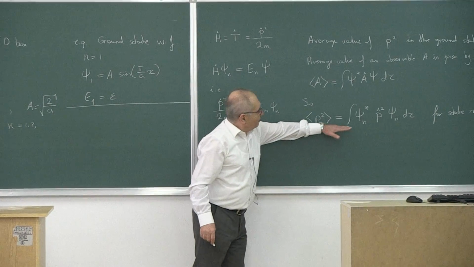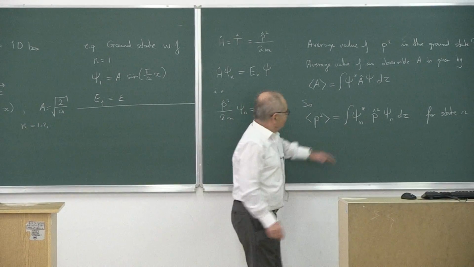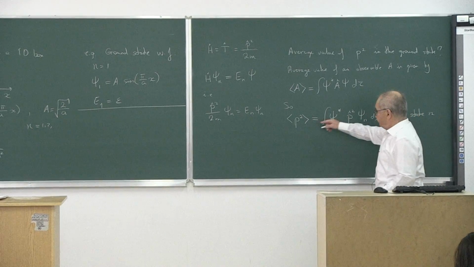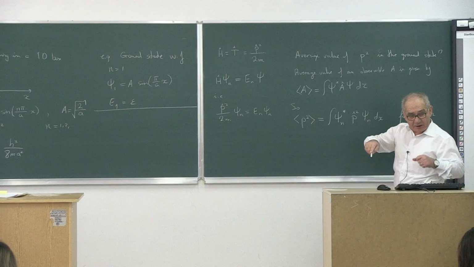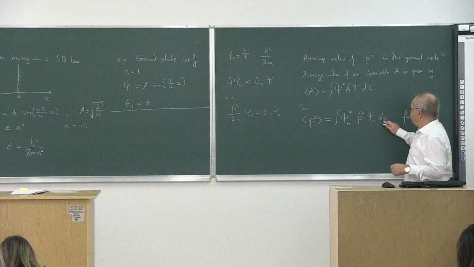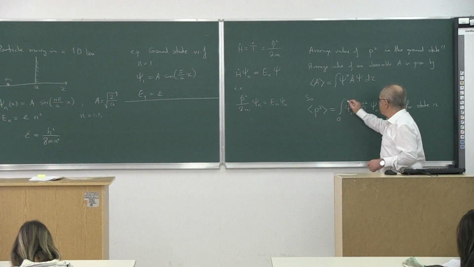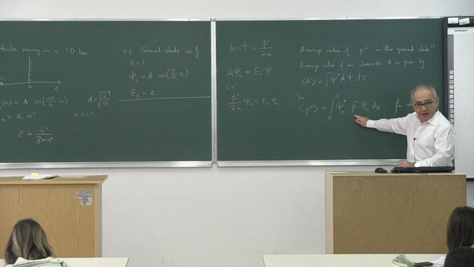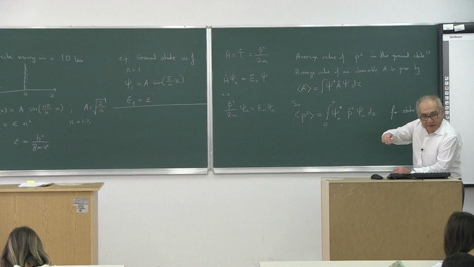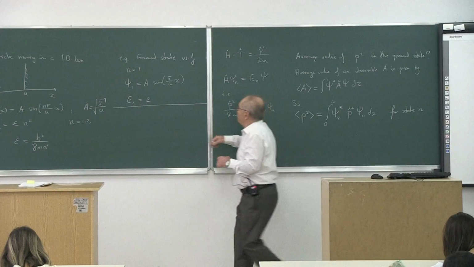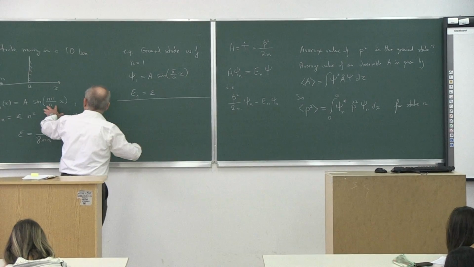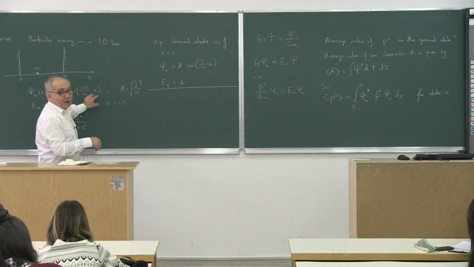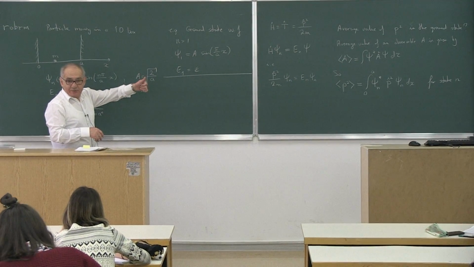Now, we can do this integration. Because there is just one variable in this problem, dx, and the integration is from 0 to a. This integration can be done by substituting this expression and then doing the integration explicitly.